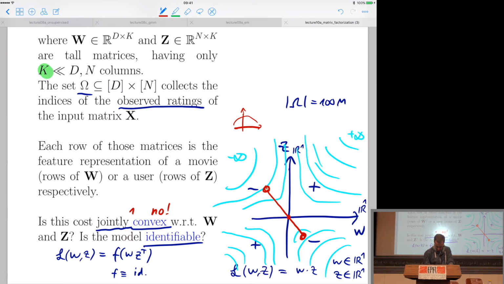So that was convexity. Now the second question is, is it identifiable? If you have a solution, is that solution unique? Or is there another one which gives you the same optimal value? What do you guys think?